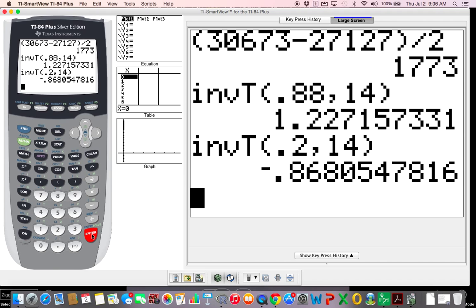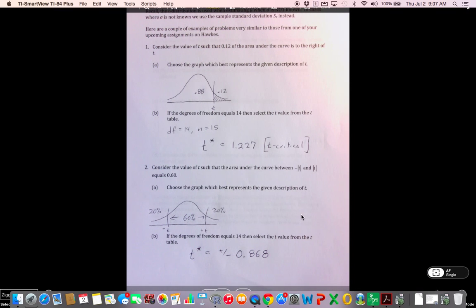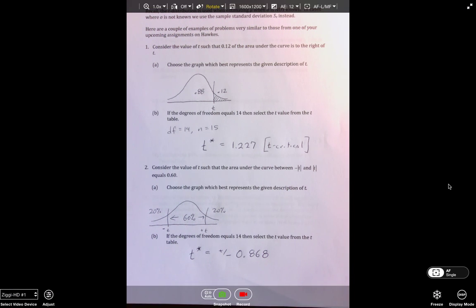And I get minus 0.868. So the T critical is going to be plus or minus 0.868, depending on the technical accuracy that the question is asking you to put your answer in.